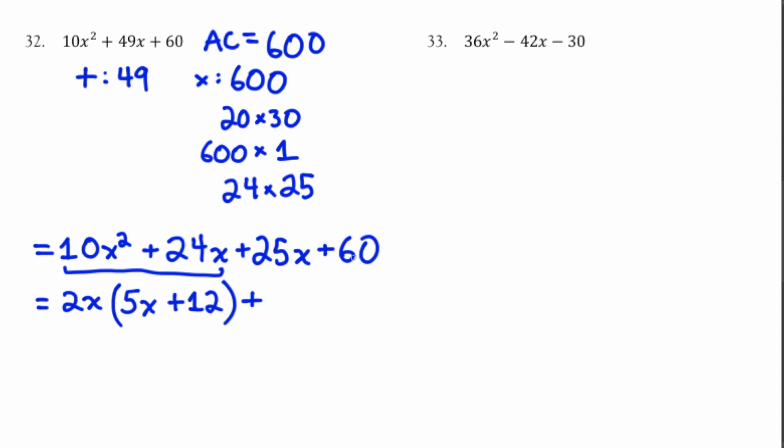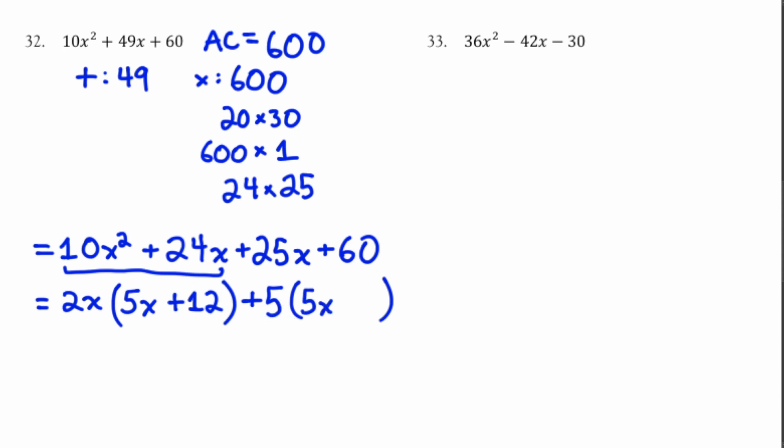Okay, what do 25x and 60 have in common? Well, 60 is like 6 times 10. So 60 has a 5 in it, because 10 has a 5. I guess 25 has a 5. Let's see if just 5 is good enough. When I take out a 5 from 25x, I get 5x.